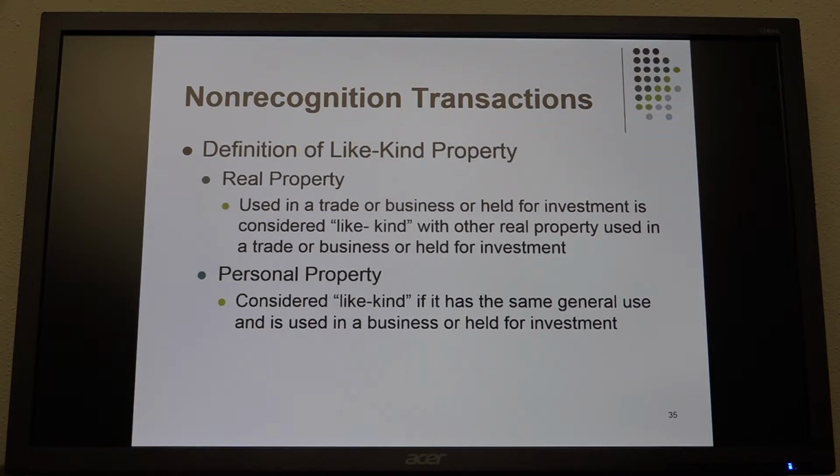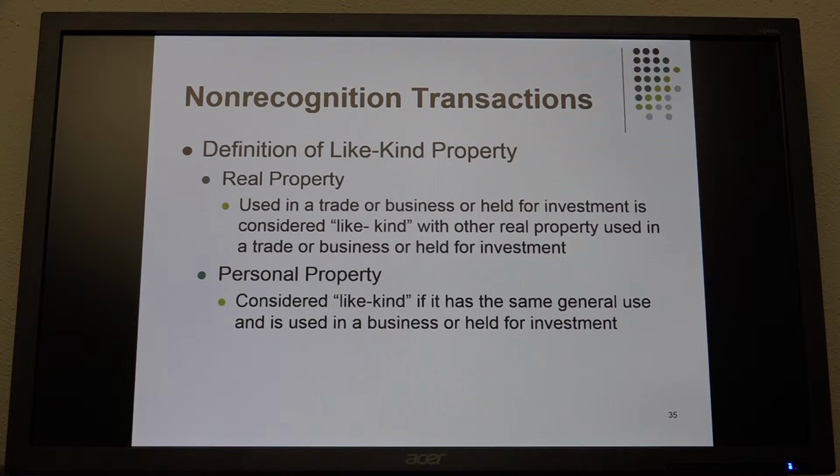And so real property, the definition of like-kind property, simply means that real property used in a trade or business or held for investment is considered like-kind with other real property used in a trade or business or held for investment. That's pretty broad. In my example, you've got let's say an urban apartment building that you used for investment, and now you're going to exchange that for, let's say, dirt.